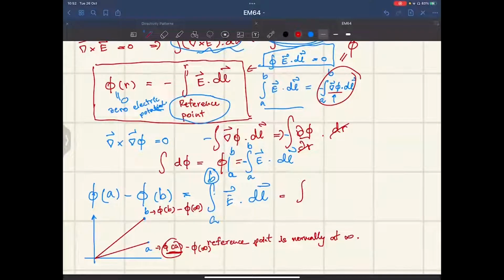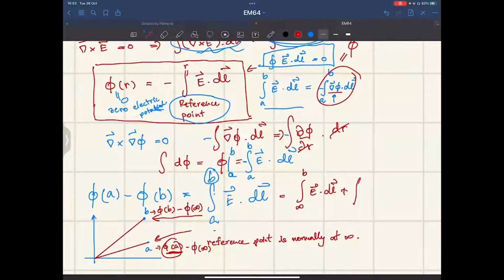If you consider the first one, infinity to B, of E dl, because we go from infinity to B, from infinity to A, plus.